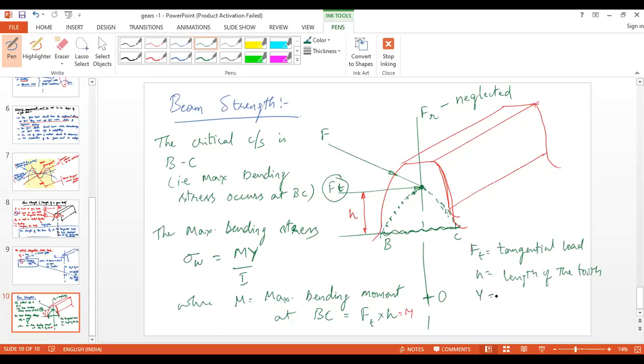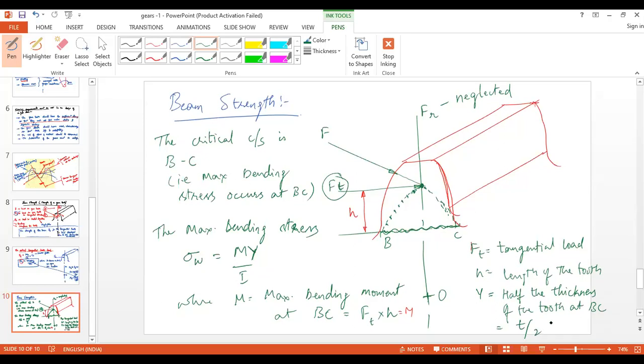And what is the value of y? What is y here? It is the distance from the neutral axis, that is half the thickness of the tooth at BC, that is equal to t by 2.